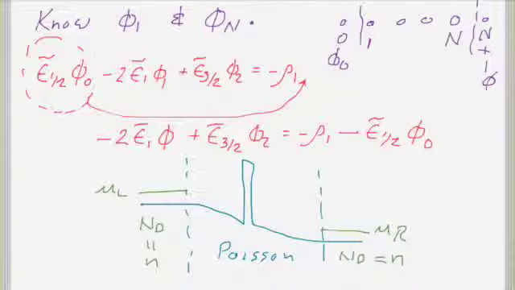Right? Because the dopants are positive, the electrons are negative. So if you know the doping density out there in those regions, you know the electron density. And then what you have to do is figure out what mu L and mu R are.